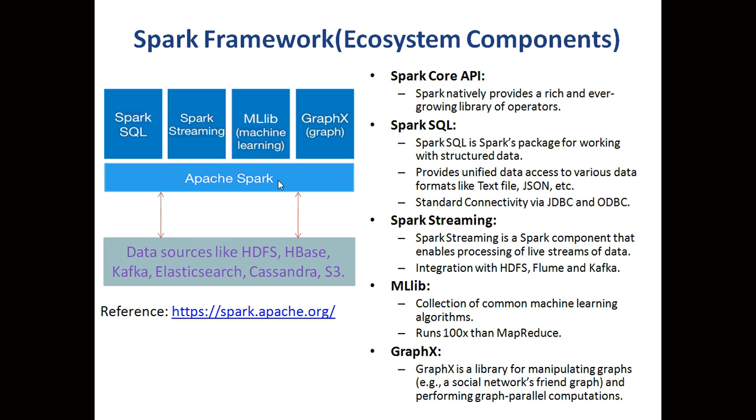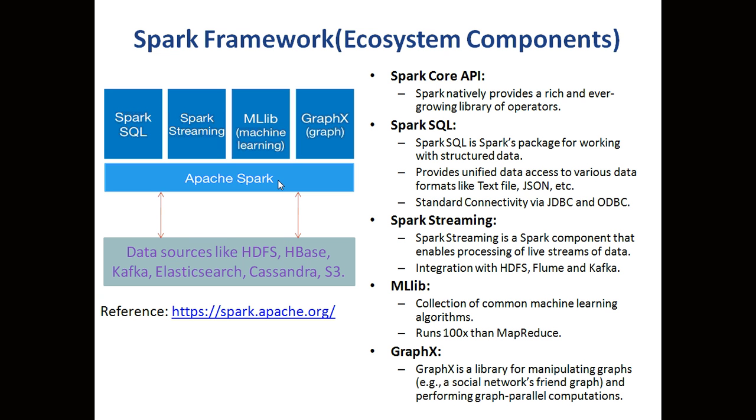The next library is Spark Streaming, which is used to process live streams. Generally Spark Streaming is a micro-batch processing model, meaning you can set the interval of your stream data, and whatever data comes within that interval, we can process it.